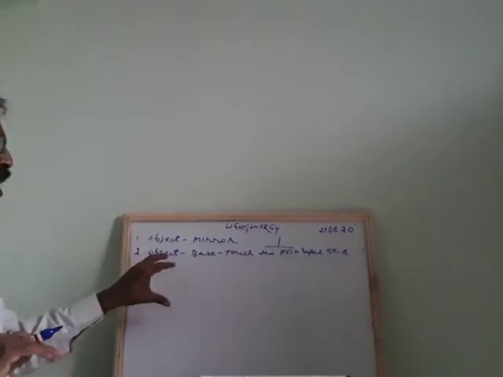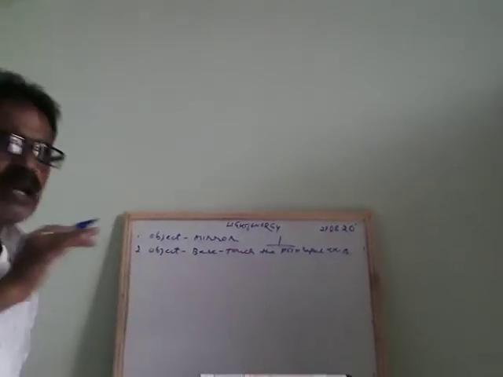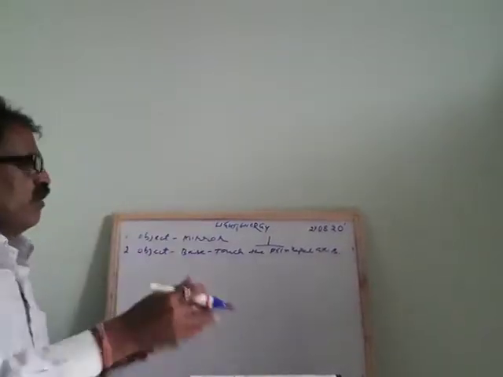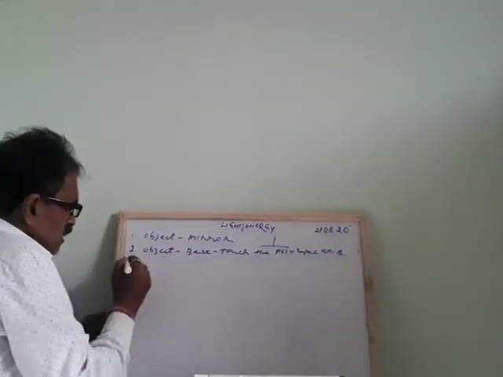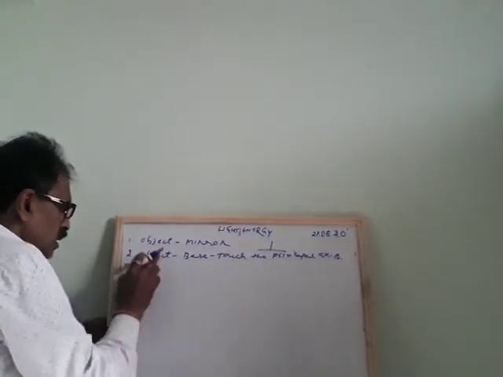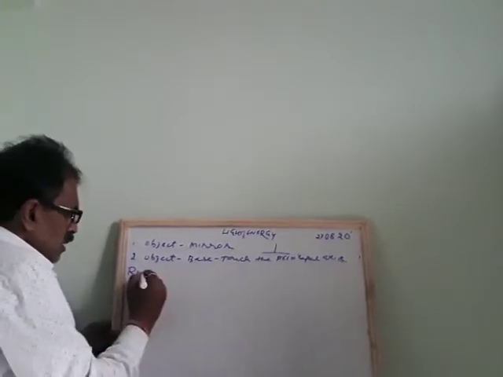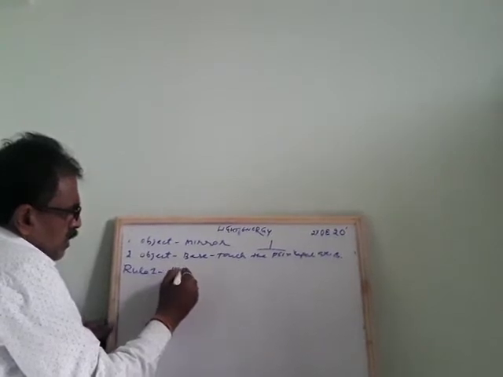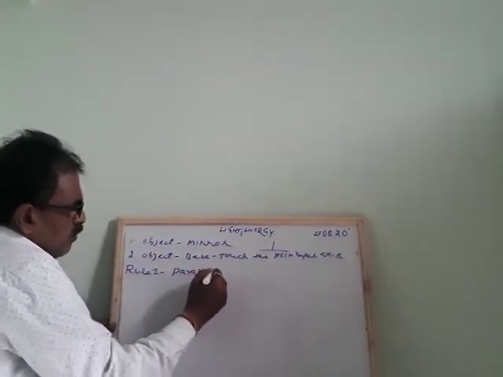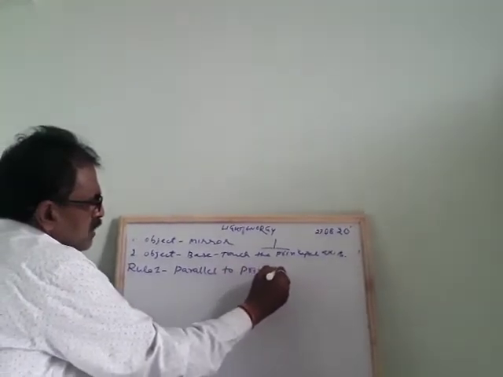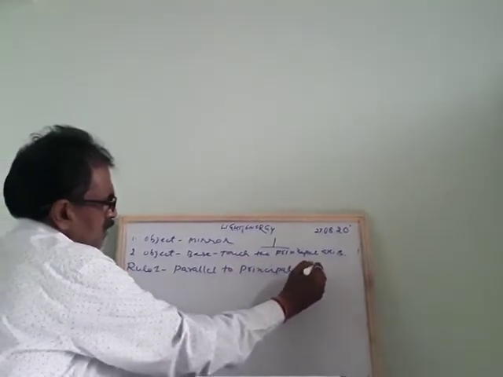So first we will see what happens when a ray is passing parallel to the principal axis, in concave mirror and convex mirror. So first is rule 1. Ray is parallel to principal axis.